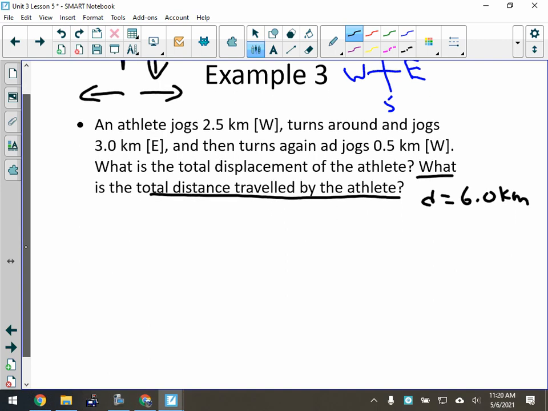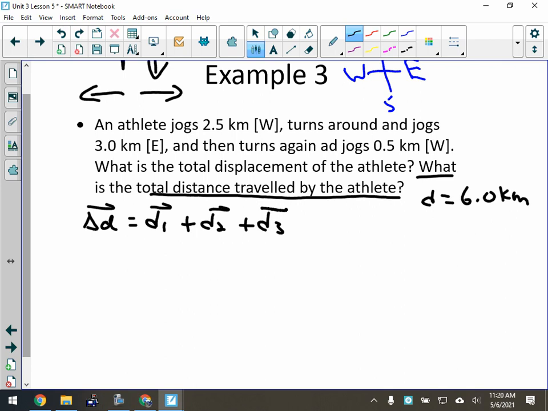Easy enough. And then if I want to do the displacement in this case, we're going to take D1 plus D2 plus D3. We're going to have 3 vectors we need to add up here. I decided I'm going to let west be positive, and the only reason I did that is because west showed up first.